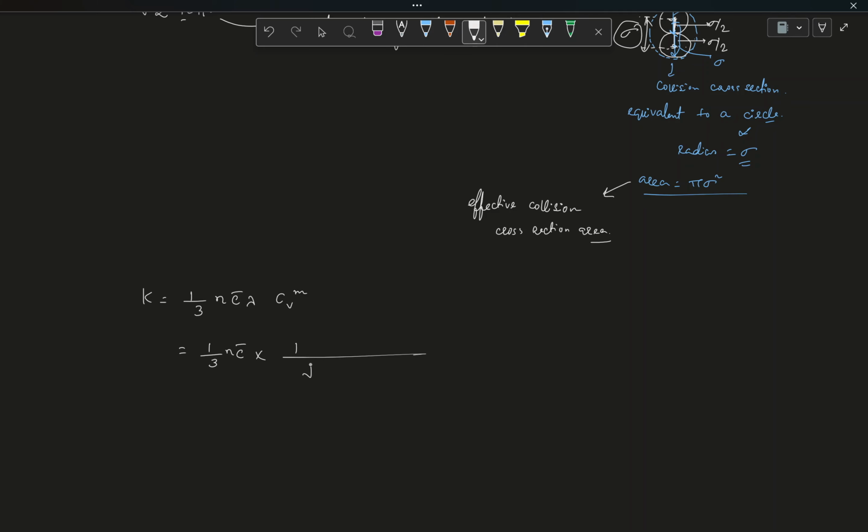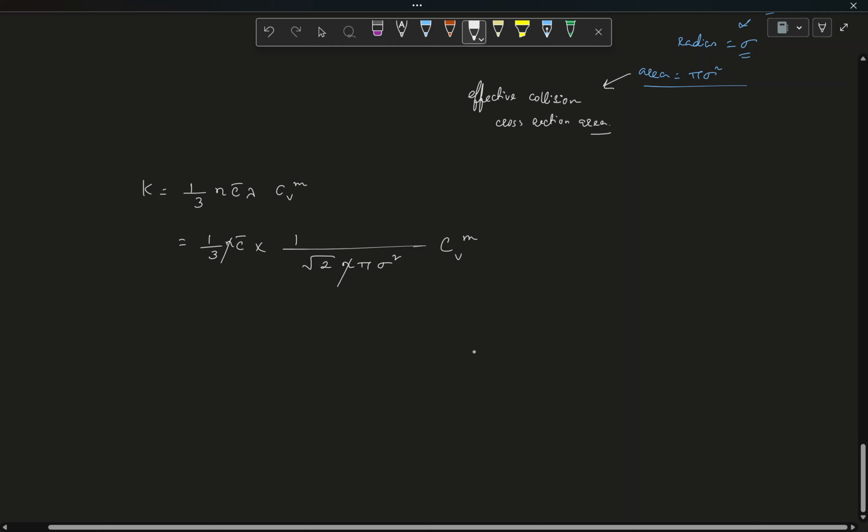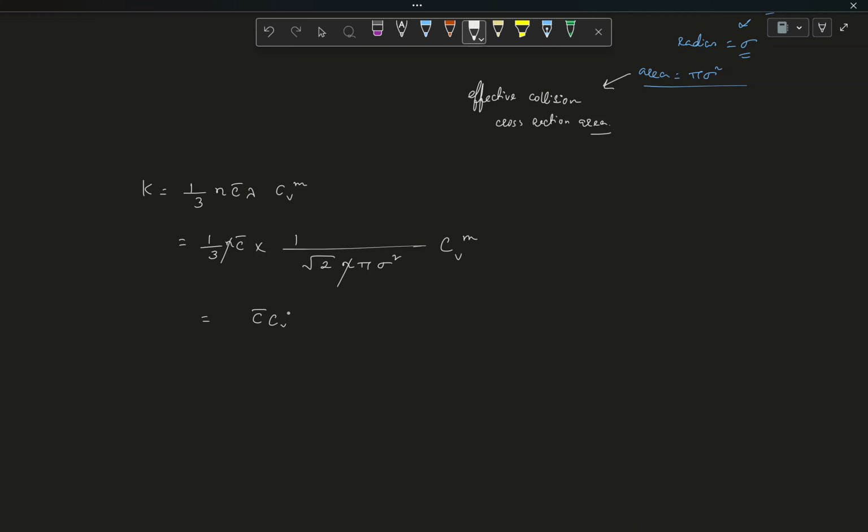So this is 1 by root over 2 n pi sigma squared. This n and this n cancel out, and this is CVM. Whatever is left is C bar CVM divided by 3 root over 2 pi sigma squared.